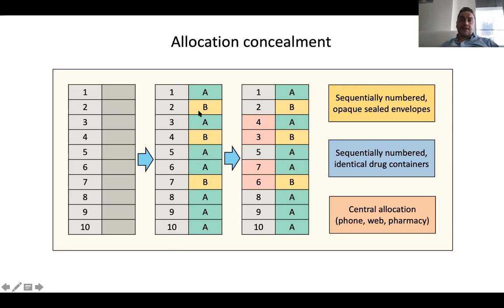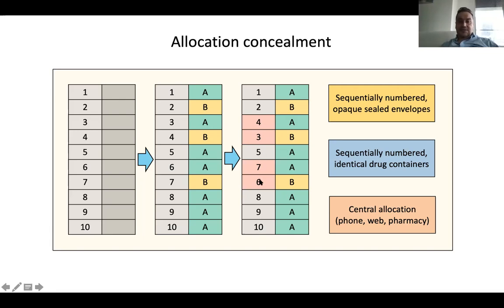The problem is that he or she may know that the B group is the placebo, or the A group is the placebo. So if you have this information of the allocation, and you know that the next patient is going to be A, you just bring the 4th patient here to be allocated to A, and you leave the 3rd patient to be allocated to B. And same here.